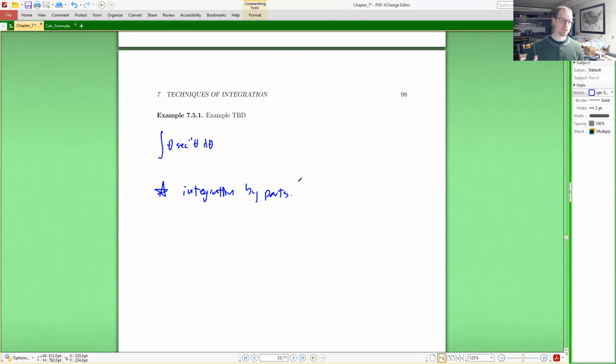So you might ask yourself, does that actually work out for us? And I can tell you, yes, integration by parts does work. The interesting part of this example is that integration by parts does work, but leads to a trigonometric substitution.